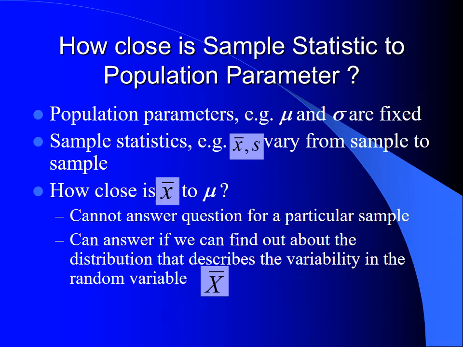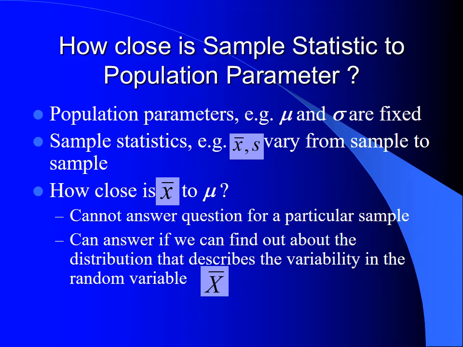What we are looking for is how close my sample statistic, that is the mean equal to 50, is to the population mean, which is never known and which we don't bother to compute. Now we can estimate it.